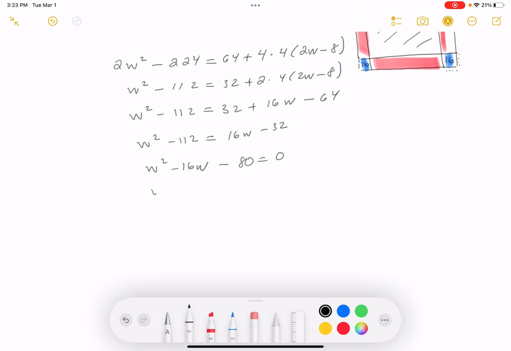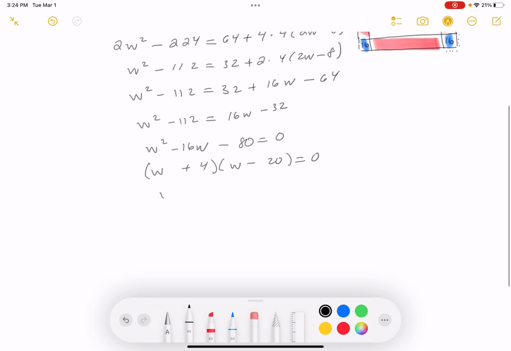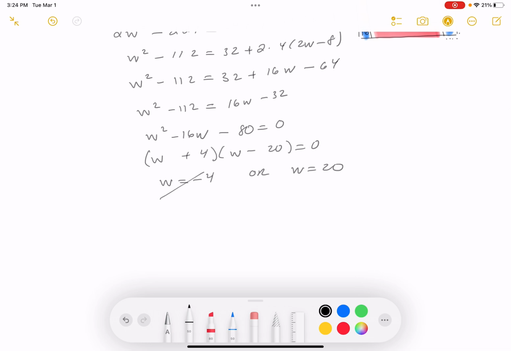Let's see if we can factor that. It would be awful if I couldn't factor it, because that would mean I made a mistake. It looks like 4 and 20. So W could be minus 4, or W could be 20. If you're not thinking, both are good answers, but the bottom line is it can't be minus 4.